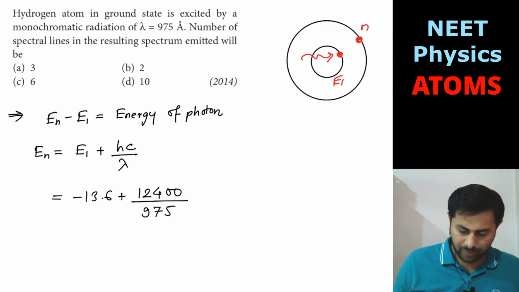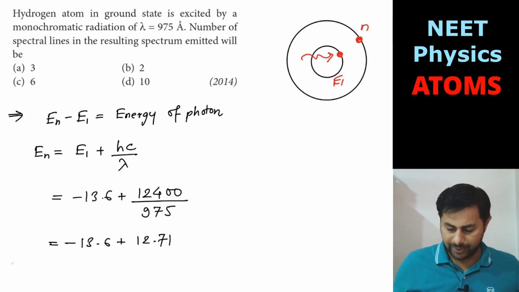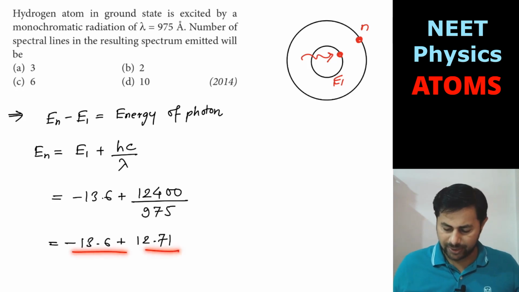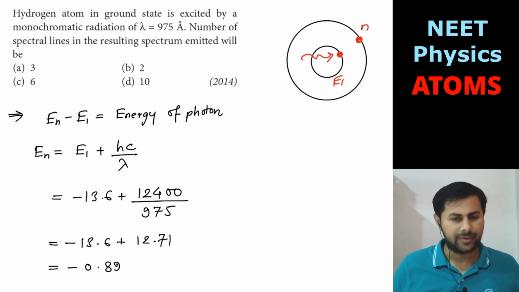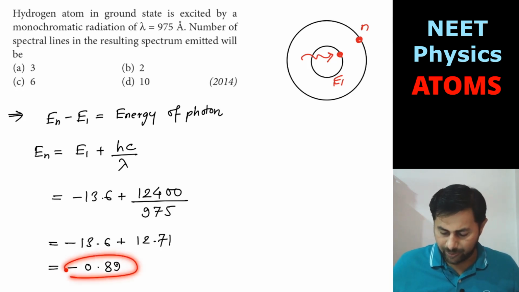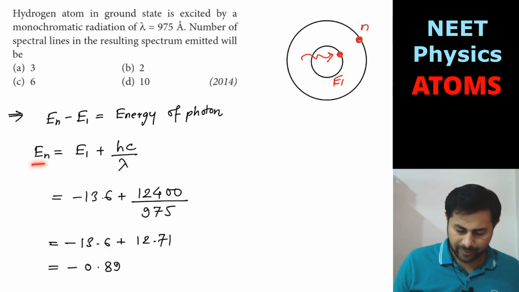So this thing is 12.71, and if you solve this thing minus this thing, then what you get is minus 0.89. Okay, minus 0.89. So this is En, the nth orbit.